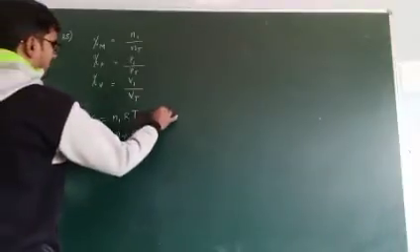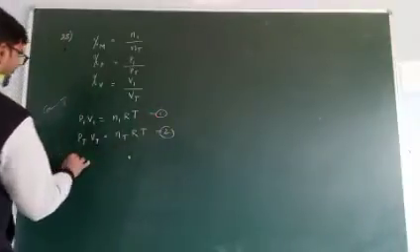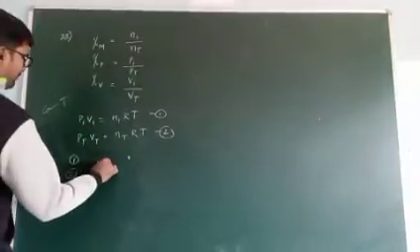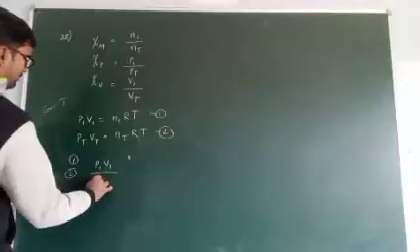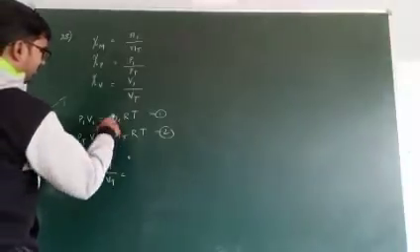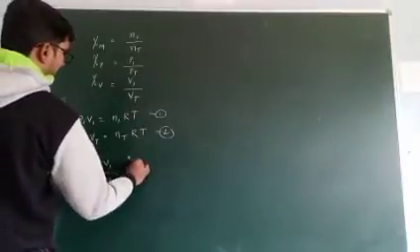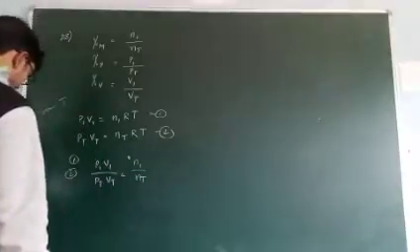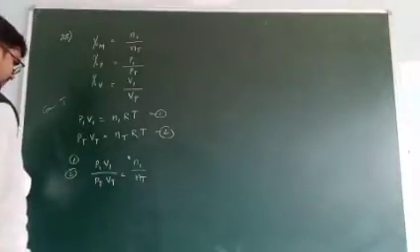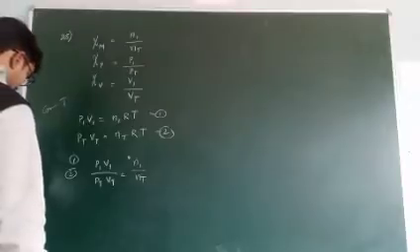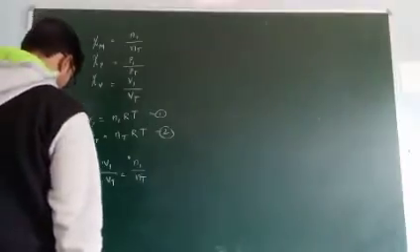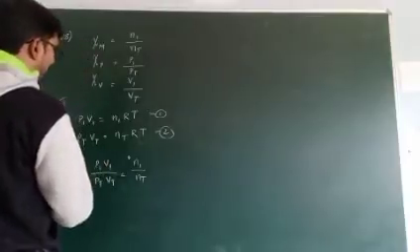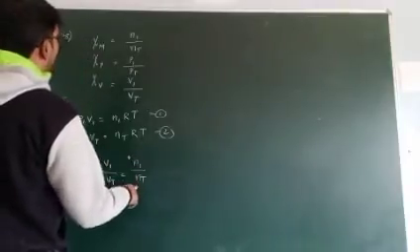Now this is equation 1, this is equation 2. Equation 1 by 2: P1 V1 by PT VT is equal to RT cancelled, then n1 by nT. So P1 by PT value is... this is n1 by nT.